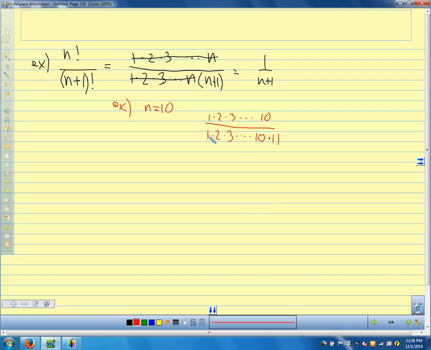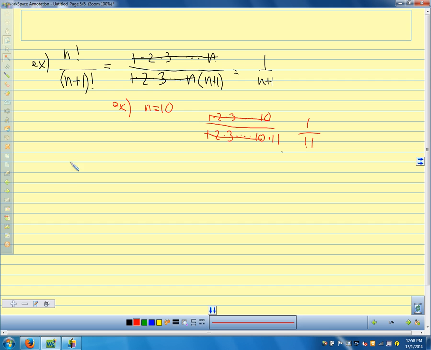Well, all of these cancel out, and I'm left with just 1 in the numerator. And just the n plus 1, whatever's left on the bottom, is the n plus 1. I just did the same thing there, just without numbers. So if it helps you think about numbers, just plug some numbers in to see if what you're doing makes sense.